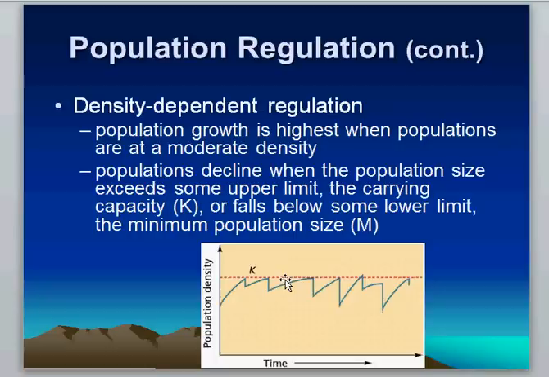So populations may oscillate around the carrying capacity to a greater or lesser extent, but there are no population crashes like you would get with the R-selected species.